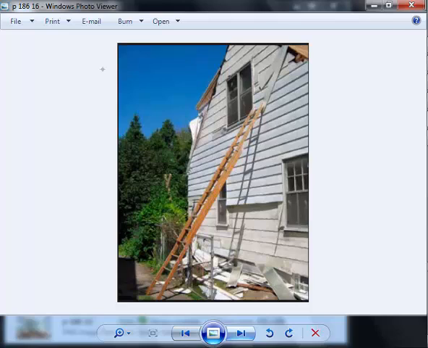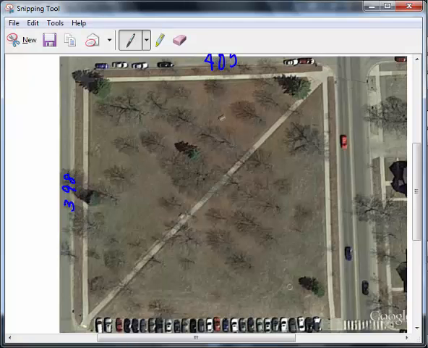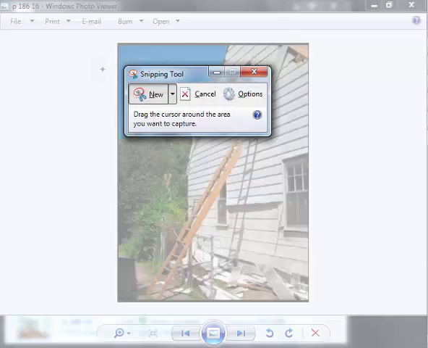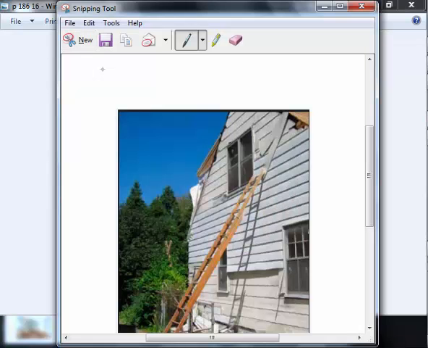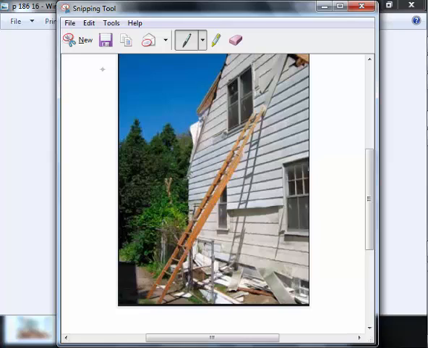Number 16. Oh, I wanted to get a different picture than that one. I'll just use this picture. Okay, let's say that the ladder had been against the wall here, straight up and down. And this ladder is 14 feet long.